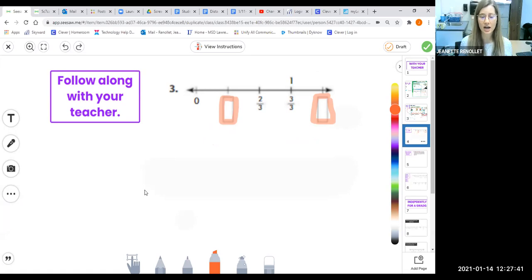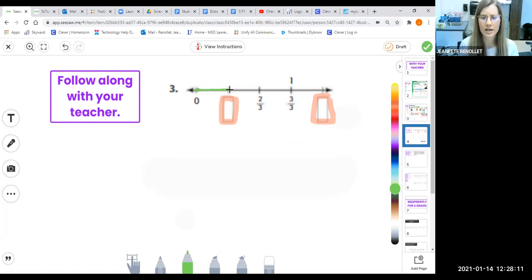Okay, the first thing I do when I see a number line is I look for where my 1 whole is. So I'm going to get my green color here. I notice 0 is to the left, as always, and I'm going to look for 1 whole. I'm going to draw a line along the number line to help me identify where 1 whole is.